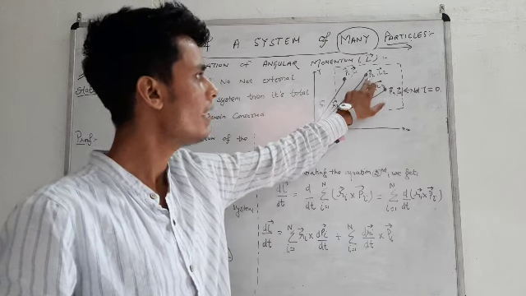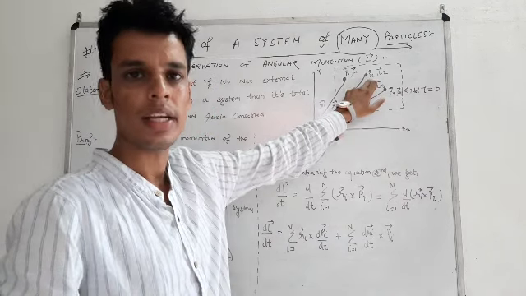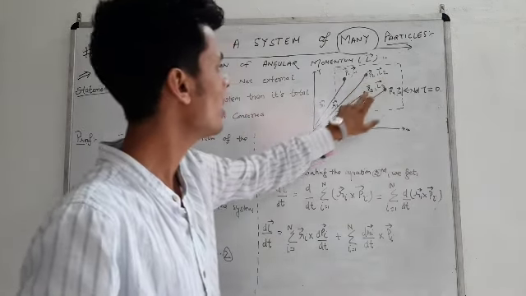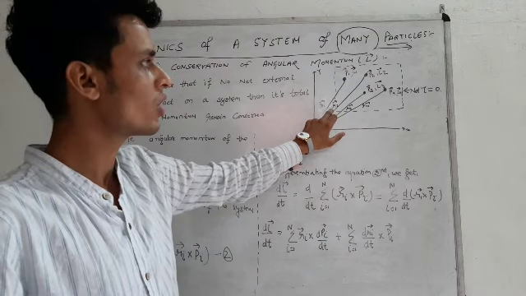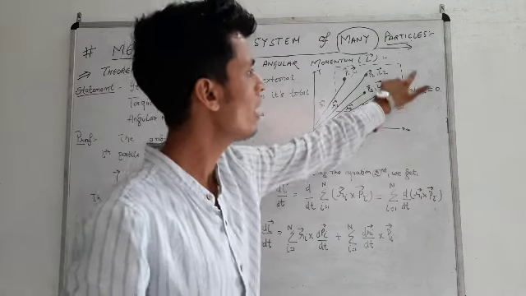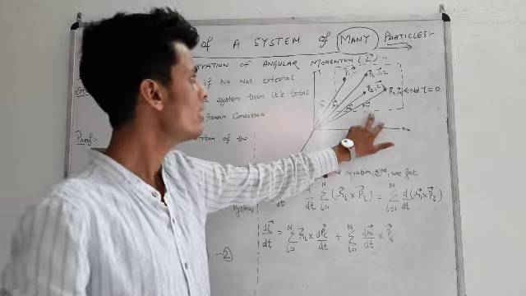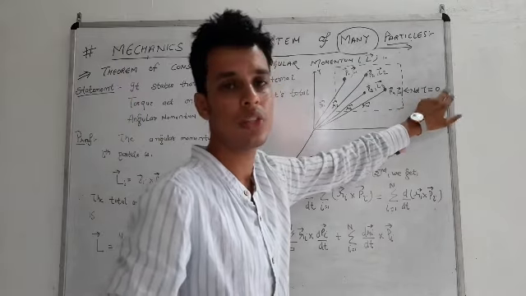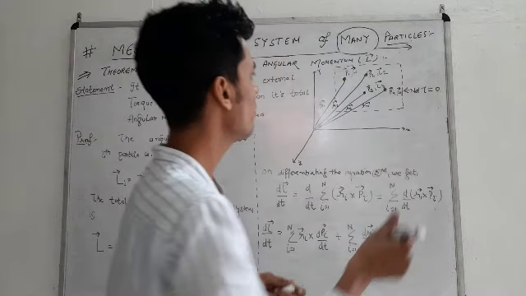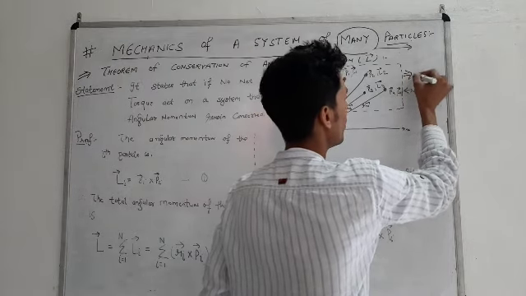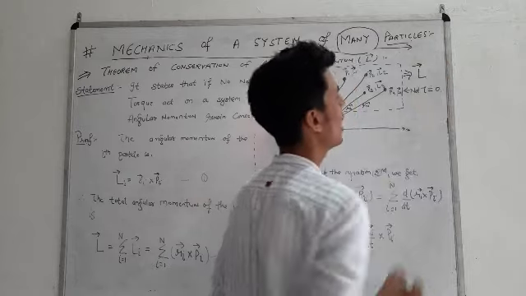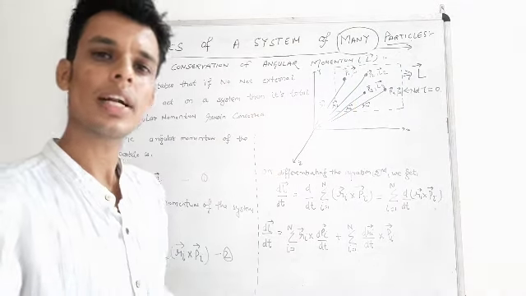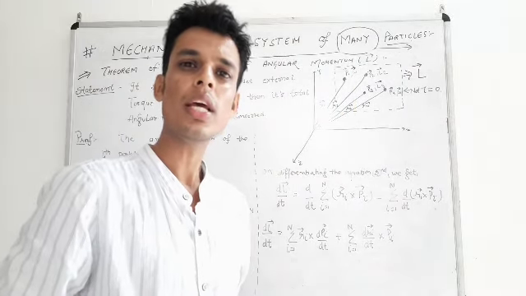Similarly, the second particle has P2 as its linear momentum, L2 as its angular momentum and R2 as its position vector. So these 4 particles make a system. We will study that when the net torque on a system is 0, the total angular momentum, which is equal to capital L, will be constant. That means the total angular momentum of that system will be conserved.